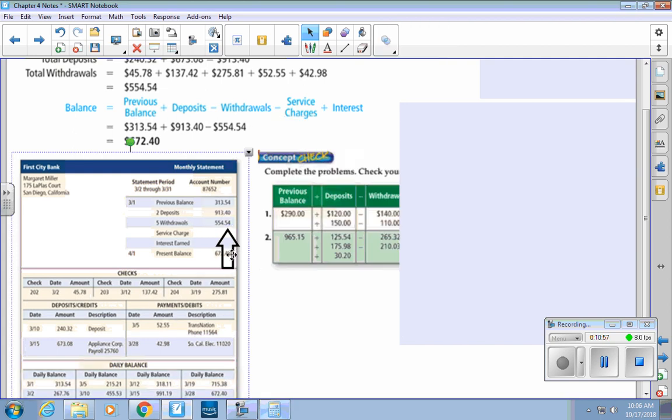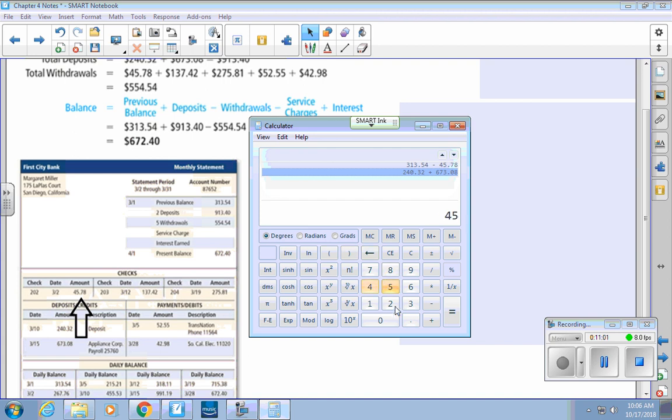So we take the $45.78. We take the $137.42. We take the $275.81. We take the $52.55, and we take the $42.98.